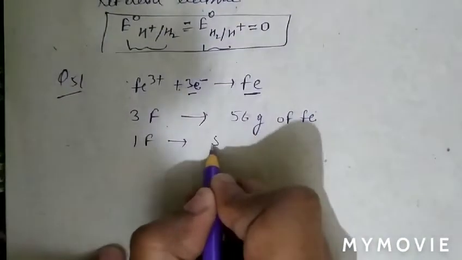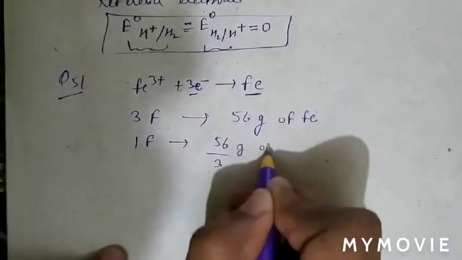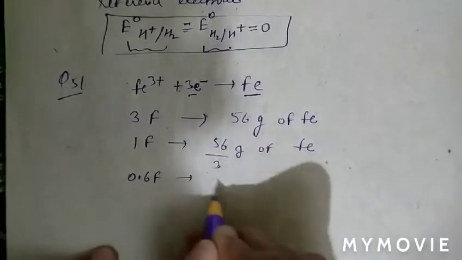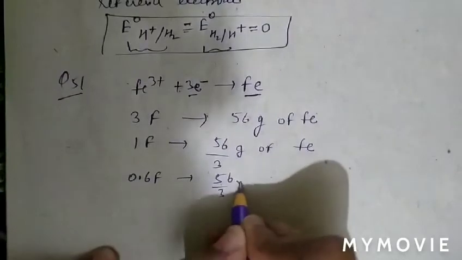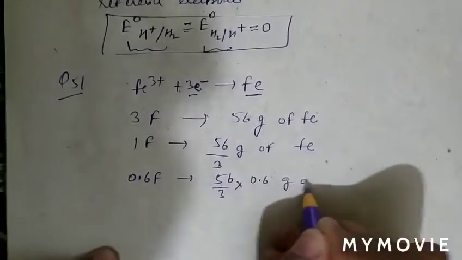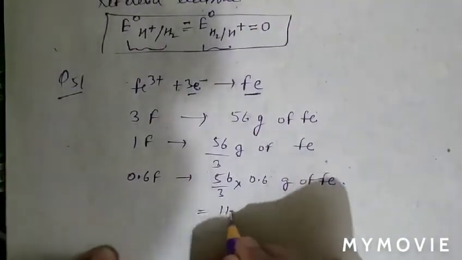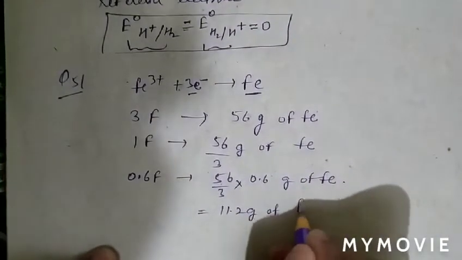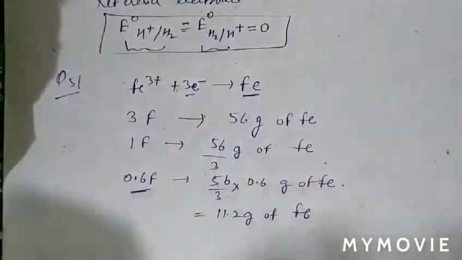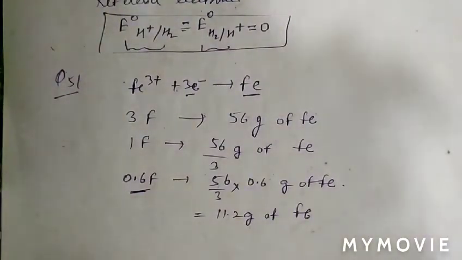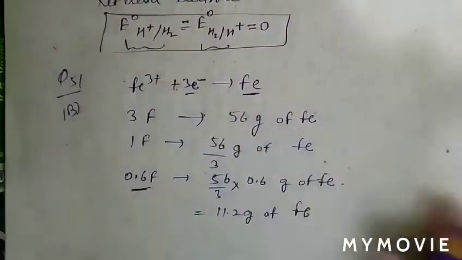So 1 Faraday will deposit 56 by 3 gram of iron. So 0.6 Faraday will deposit that much gram of iron. On solving we get 11.2 gram of iron will be deposited by 0.6 Faraday of charge. So question number 51, option B is correct.